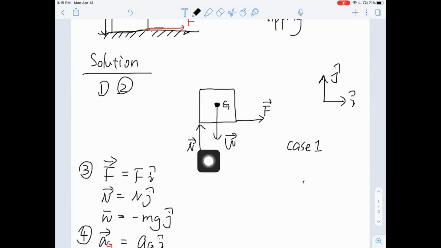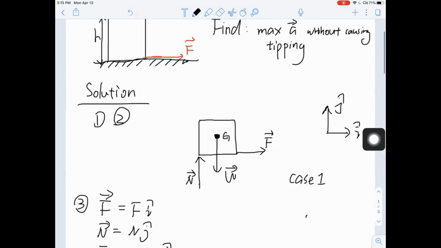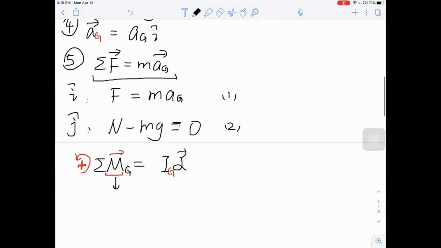The distance between N and the G is half of the width. In this case, width is given as W. So we can write the first moment caused by normal force, which is negative N, times the distance between normal force and the point G, which is half of W. Okay, that's the first moment.